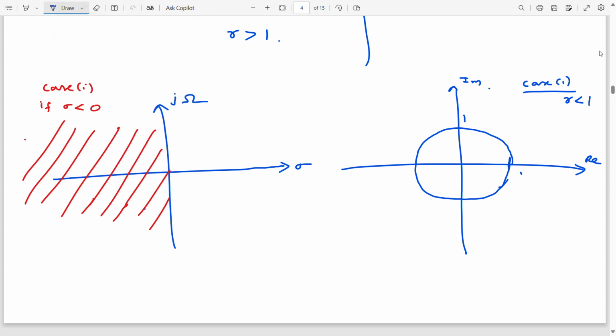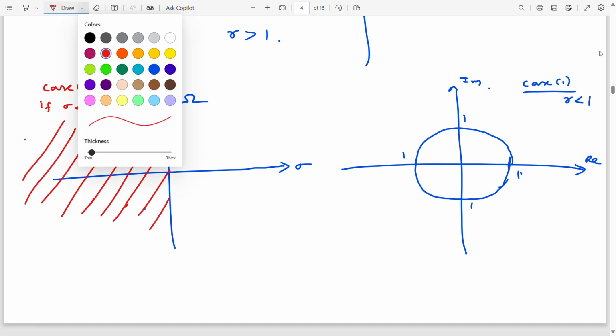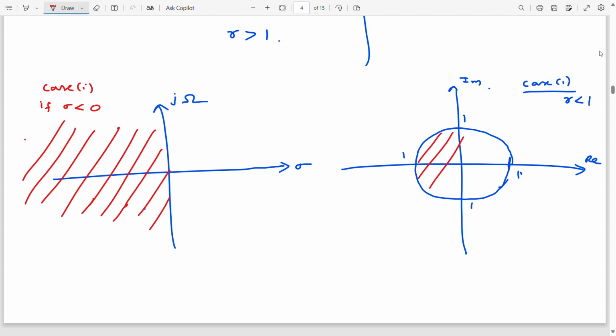It is having the dimension of 1 on all the axes. So the poles on the left half of the S plane are mapped inside the unit circle.